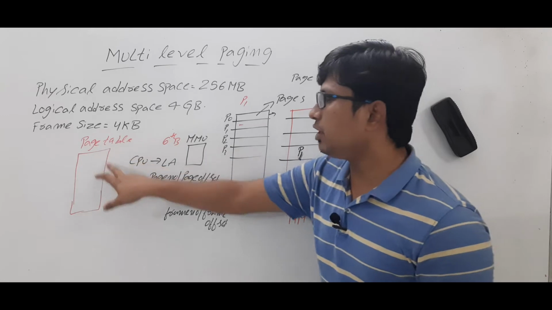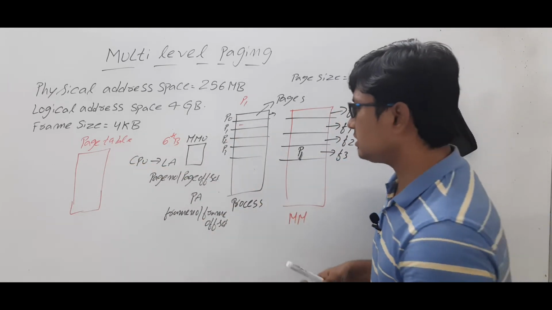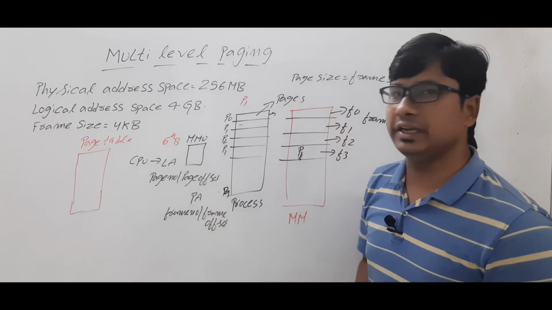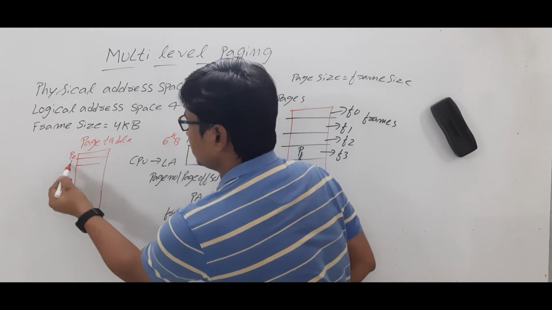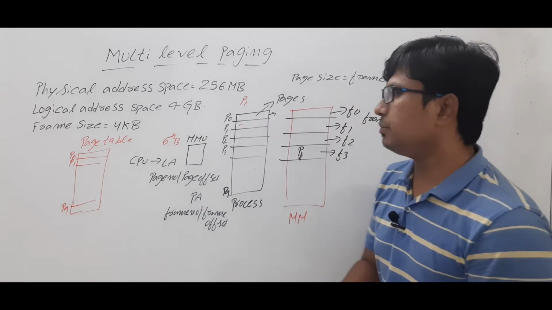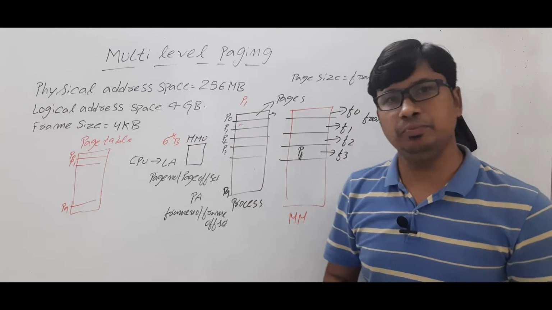So the number of entries will depend on the number of pages. Let's consider that in this process we have 10 pages from P0 to P9. Then this page table also will have P0, P1 up to P9. So the number of entries in the page table will be equal to the number of pages in a process.